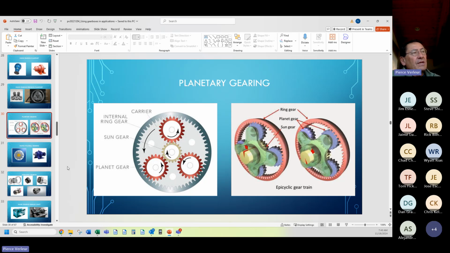Keep this geometry in mind, because here we have tooth contact, right? And there's associated backlash. There's also less surface area of contact than if instead of using teeth, we used lobes.